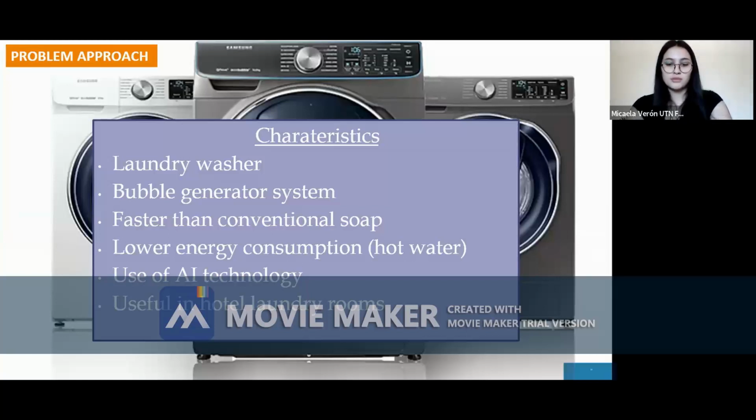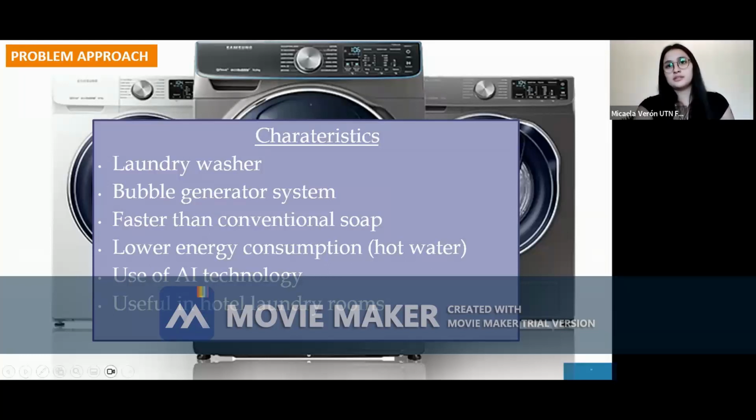Another factor to mention is that this machine uses AI technology. It has intelligent sensors that detect the weight of the clothes and their level of dirt, and can calculate the amount of water and detergent, avoiding any excess or waste.